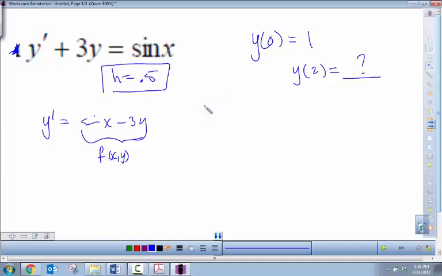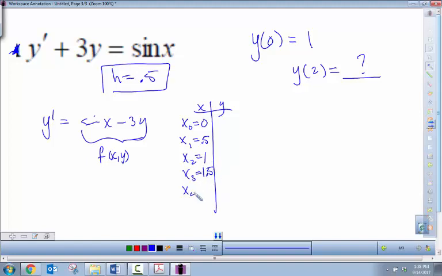So we're going to need x's and y's. x of 0 is equal to 0. x of 1 is equal to 0.5. We're taking steps of 0.5. x of 2 is equal to 1. x of 3 is equal to 1.5.